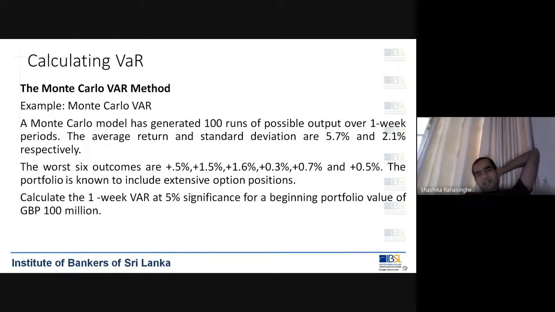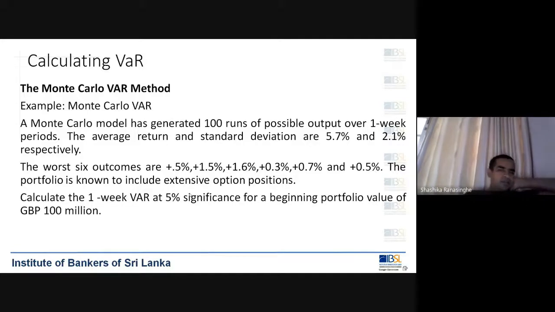The average return and standard deviation are 5.7 and 2.1% respectively. The 6 worst outcomes are 0.5, 1.5, 1.6, 0.3, 0.7, 0.5. The portfolio is known to include extensive option positions. You are asked to calculate 1 week value at risk at 5% significance for a beginning portfolio value of 100 million.